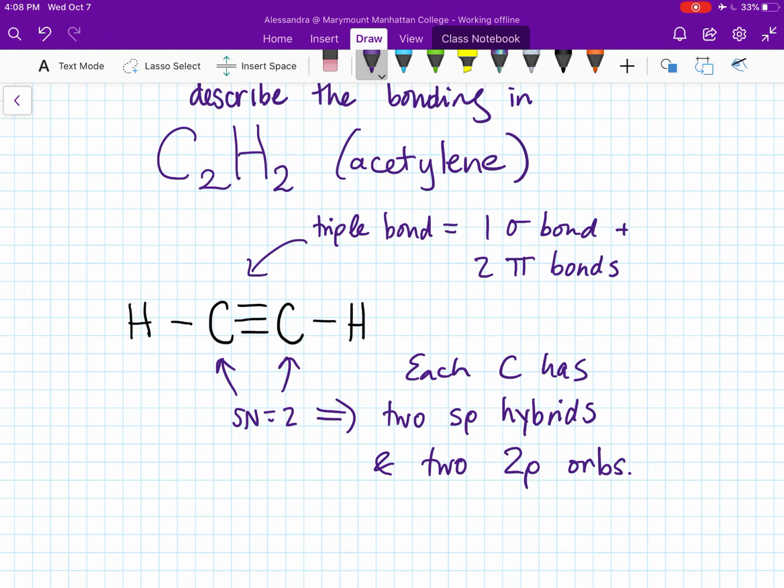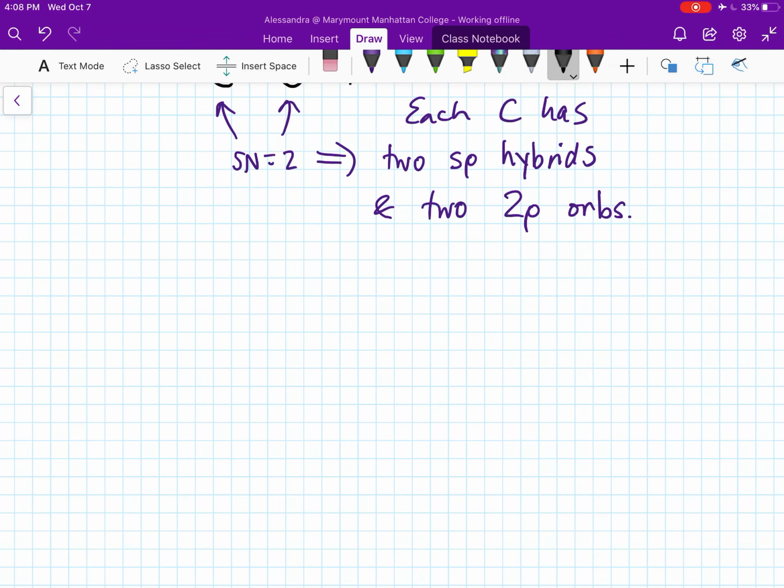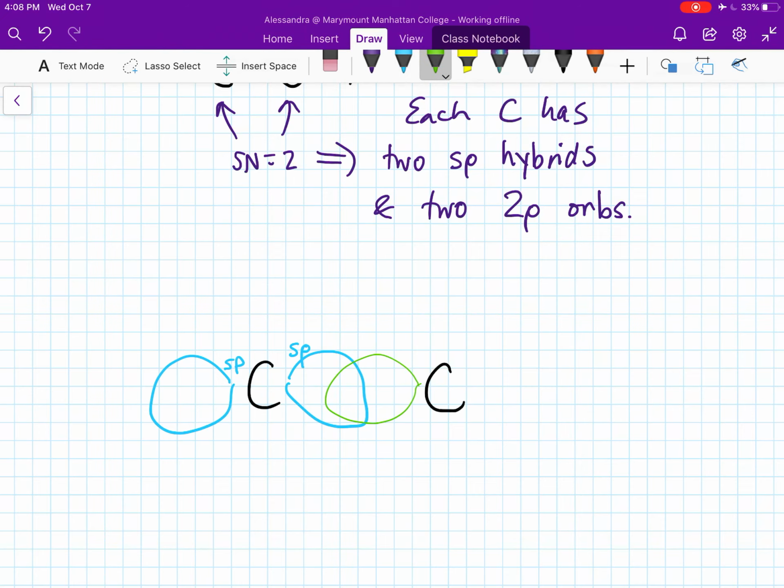So let's draw what that would look like. I am going to draw both of my carbons, and I'm going to draw just big old lobes to represent my sp hybrids. So this is sp and sp on that carbon, and for the other carbon I'm going to use a different color to draw its sp orbitals, sp and sp.